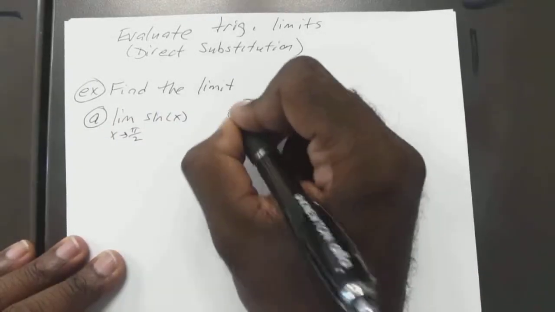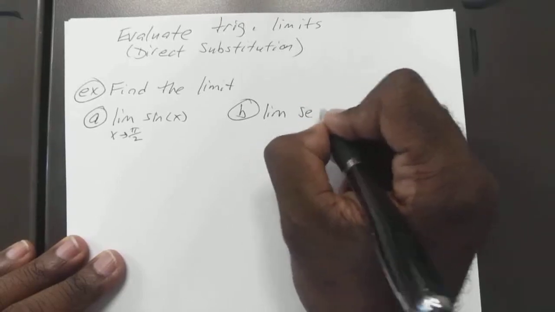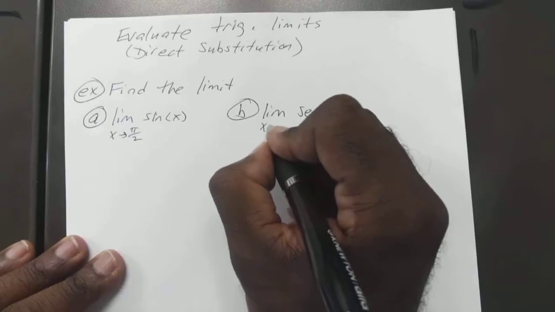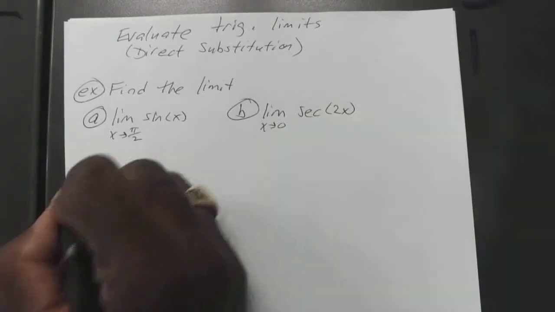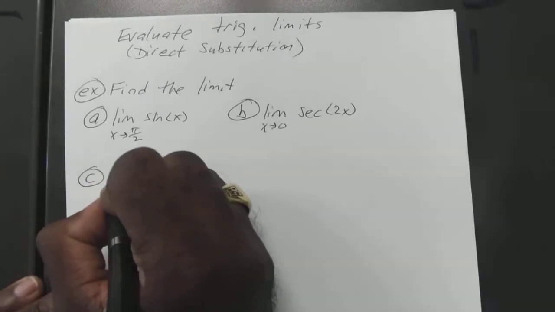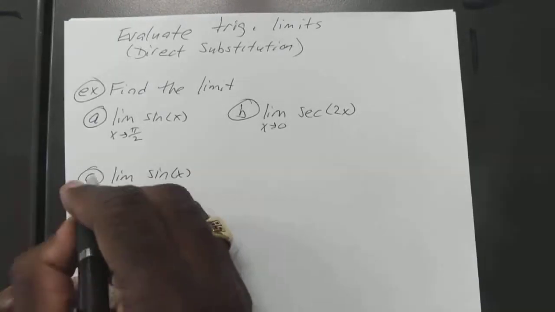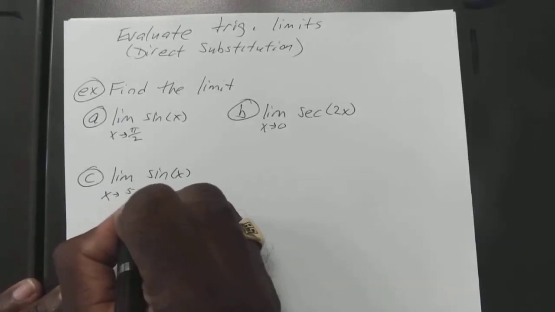And for problem B, the limit of secant 2x as x approaches 0. And let's say for problem C, limit sine of x as x approaches 5 pi over 6.